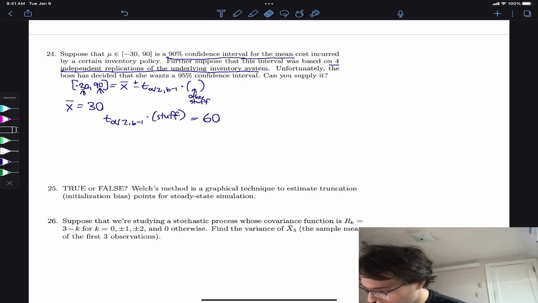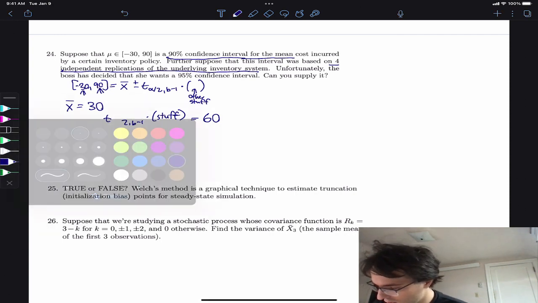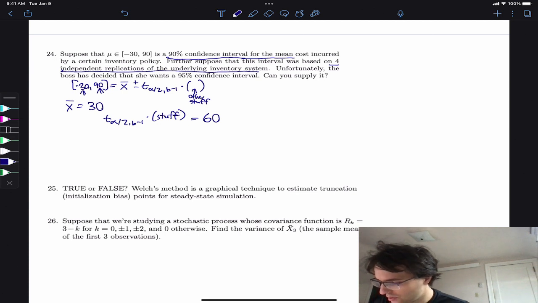Recall that in this case, t alpha over 2, the alpha that we used here was 0.05, and n minus 1 in this case was 3. And this is 0.05 because we have a 90% confidence interval.